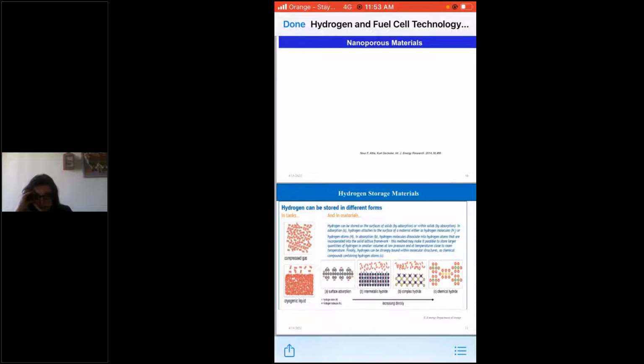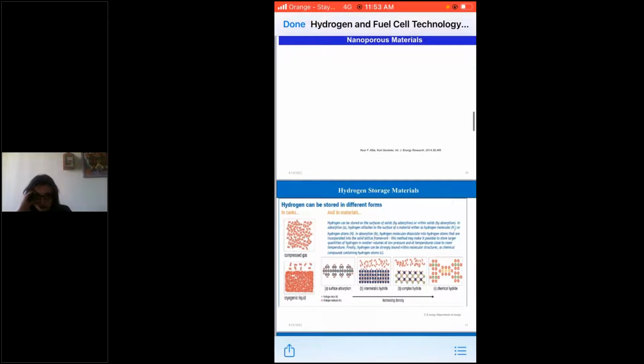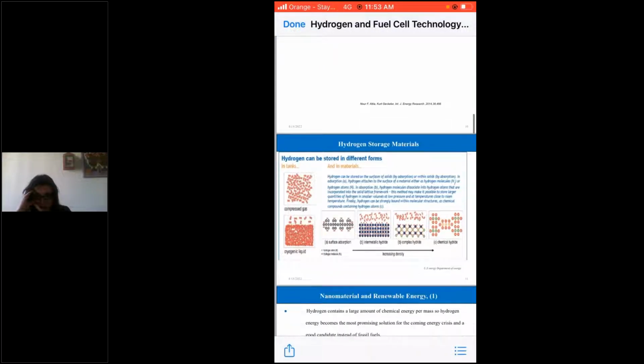The chemical energy of hydrogen is much better, maybe 4 times that of fossil fuels. But the problem is that it is a gas, so the storage of hydrogen is a technical dilemma for real commercialization of hydrogen as an energy carrier for vehicles, for example.